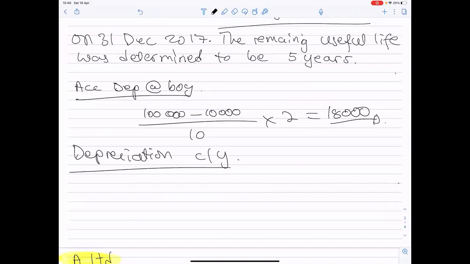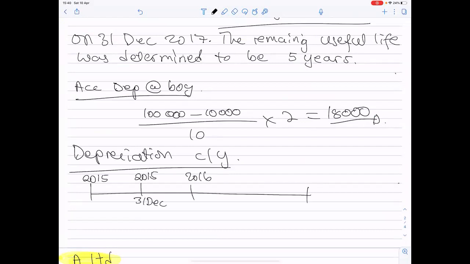Now, how are we going to calculate the depreciation in the current year? So what you do, good people, is to check. We have got the year 2015, January. This is the 1 December, 2016, 2017.